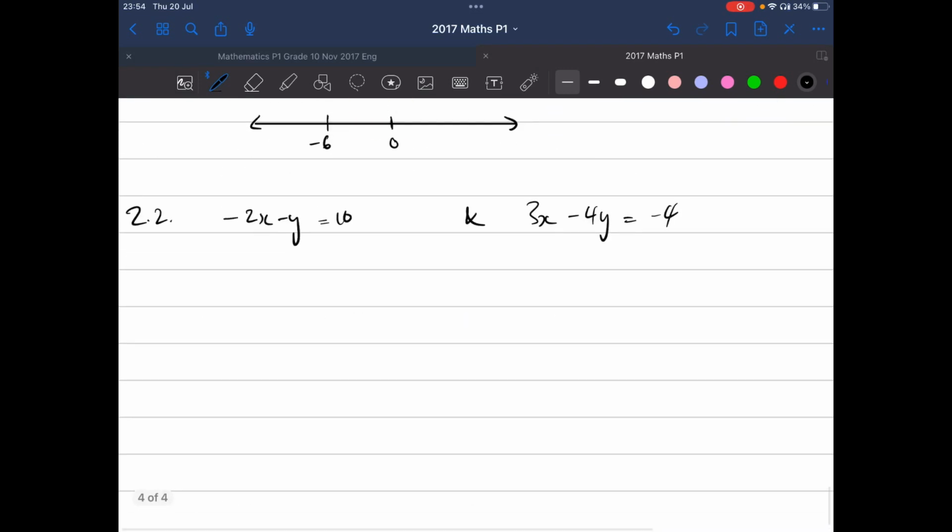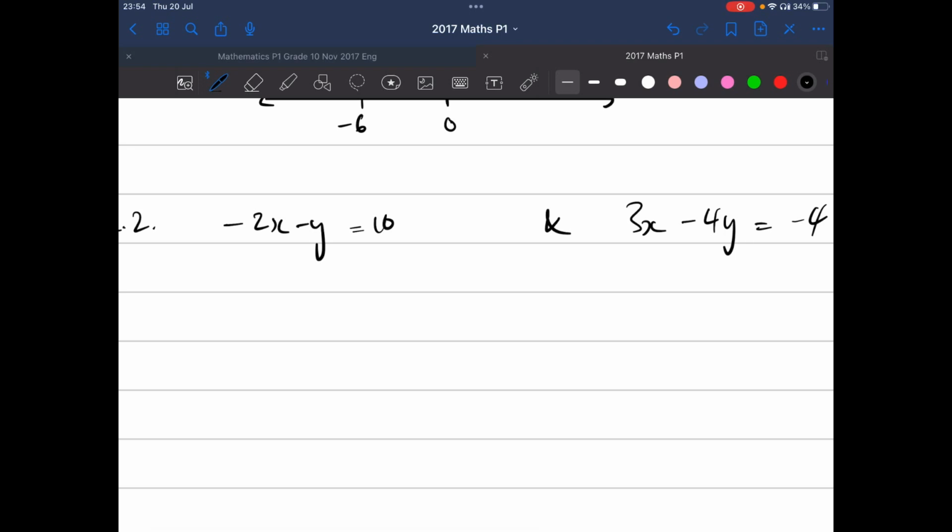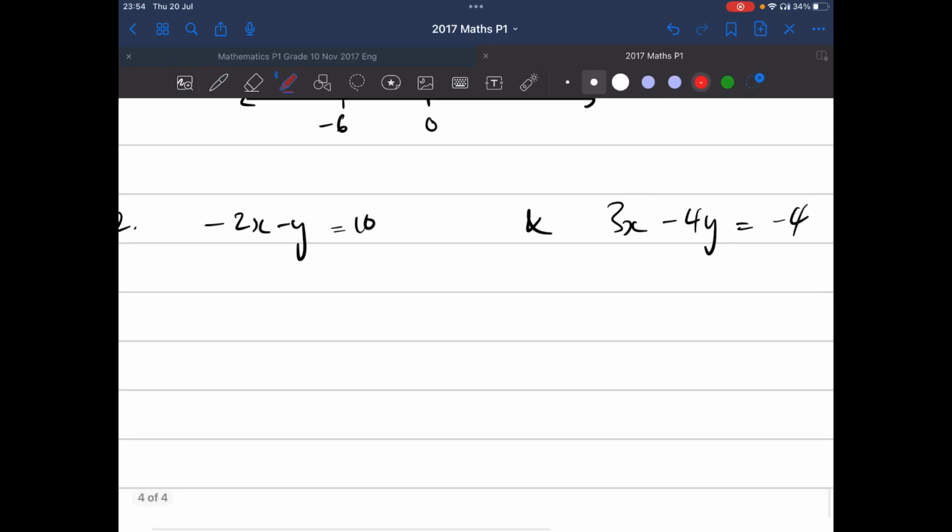Okay, so how do we solve simultaneous equations? Well, the easiest way to do it is to firstly isolate one of the variables. So if we look at both of our equations, let's look at the coefficient of each of our variables. Okay, remember we have two equations, so that means we have two unknowns. The two unknowns are x and y.